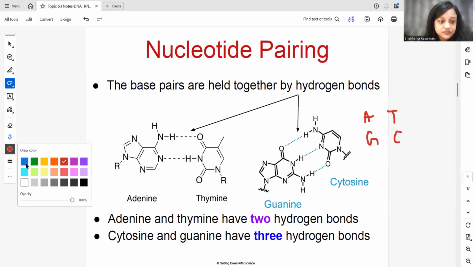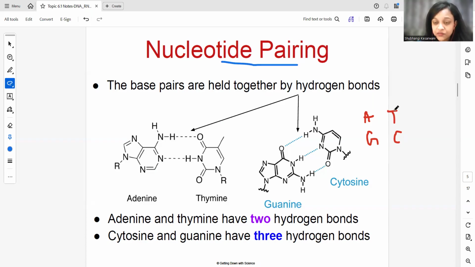So the thing is, in nucleotide pairing, we study the hydrogen bonding, how these purine and pyrimidine are joined together. As you can see, A always makes a bond with T with a double hydrogen bond.